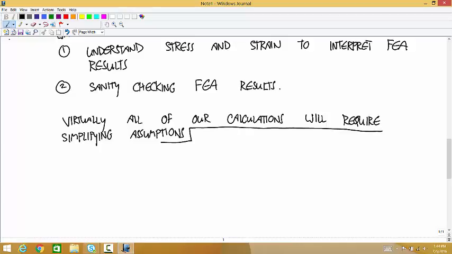And I'll try to point out when things come up that only require a couple of these assumptions. But for the most part, every calculation we do requires all four of these things.